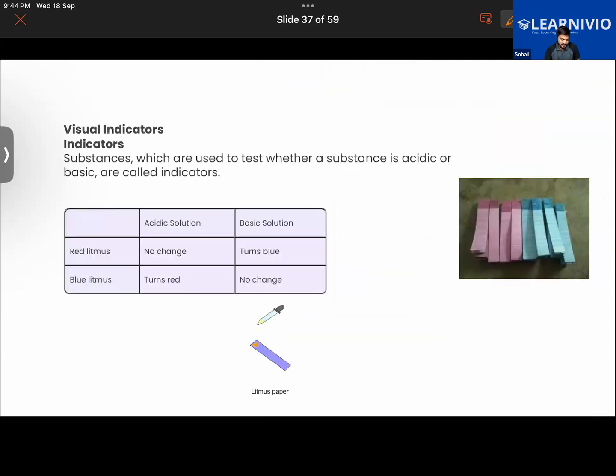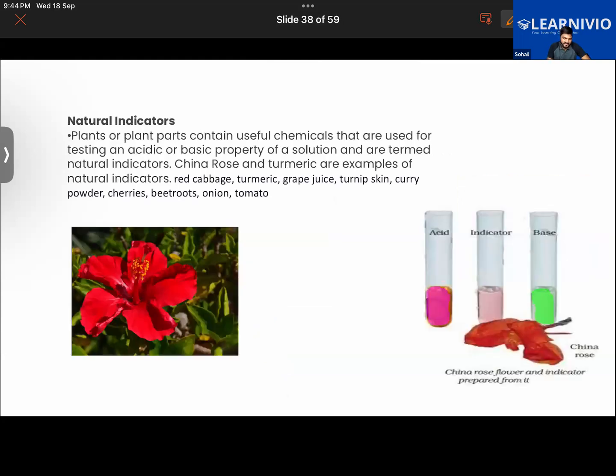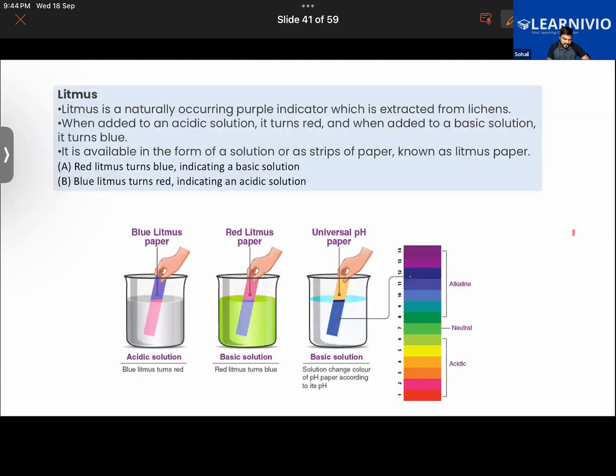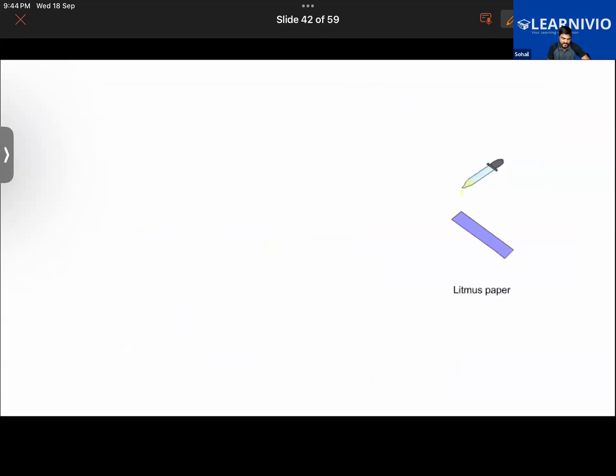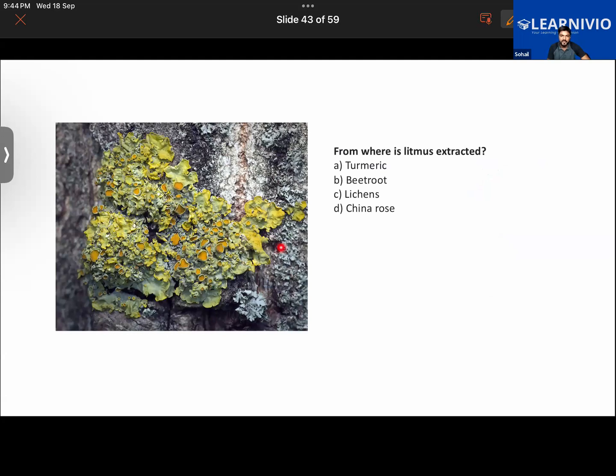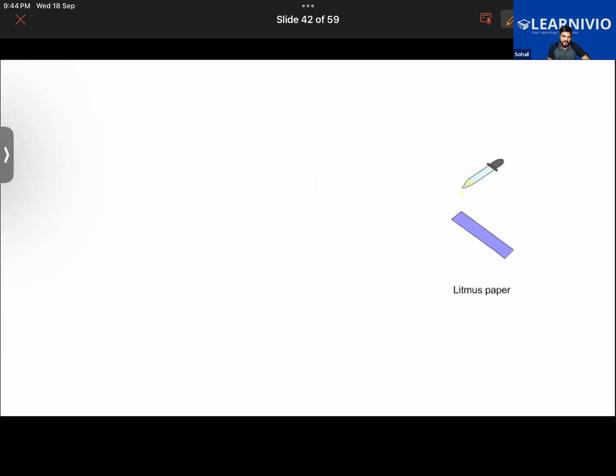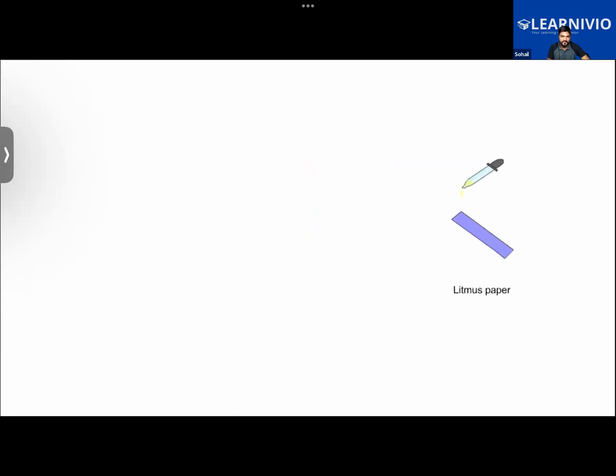Furthermore, talking about visual indicators, the first one is litmus paper. Litmus, as we know, is extracted from lichens. Lichens, as you already know, are a symbiotic relationship between fungi and alga.